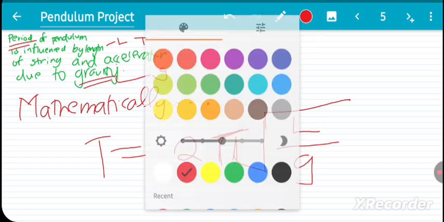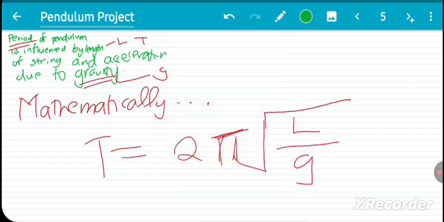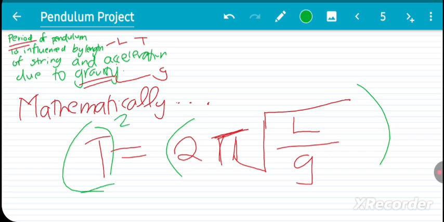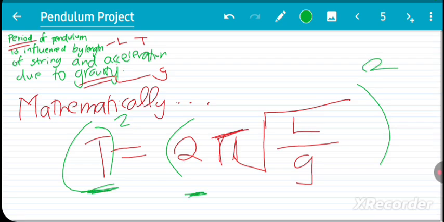So somehow here we have to introduce T squared. So let's square everything on both sides of the equal sign. So T squared here, this is us introducing the period squared. And because what is on this side is equal to what is on this side, we are going to square this side too.